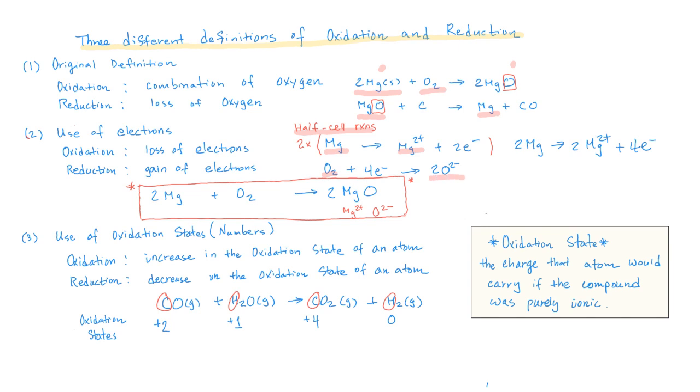Since the magnesium atom has a neutral charge, on the other hand, magnesium 2+ has a 2+ charge. So to balance the charge, we can place 2 electrons on the product side so that the balance is completed.